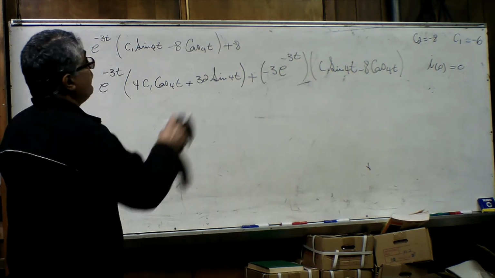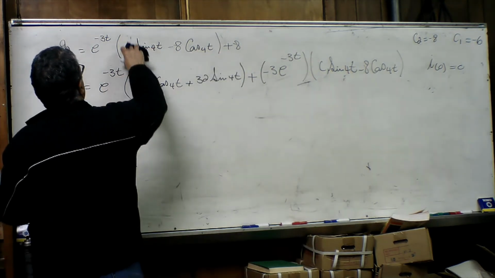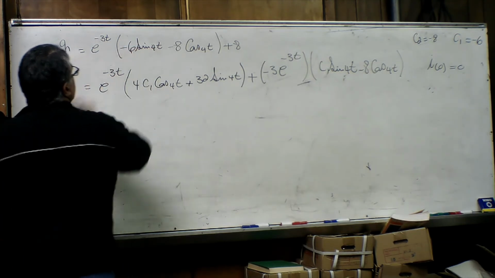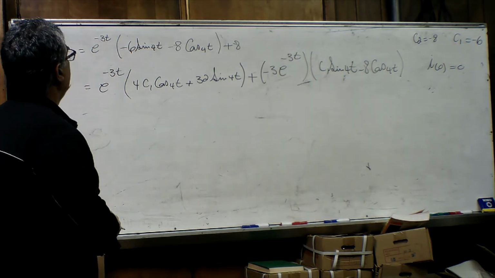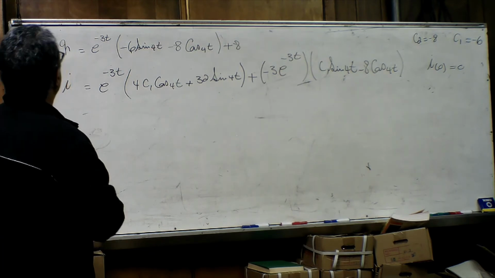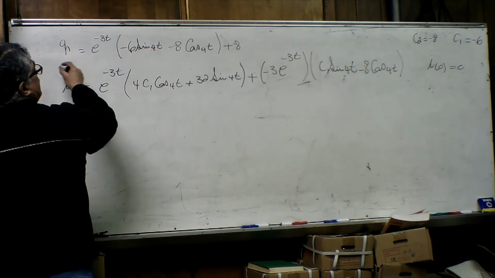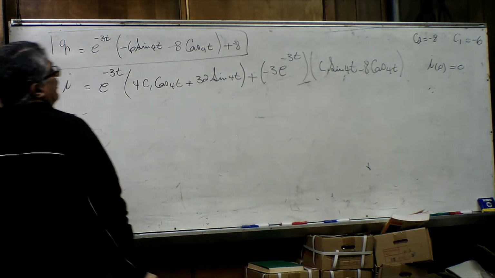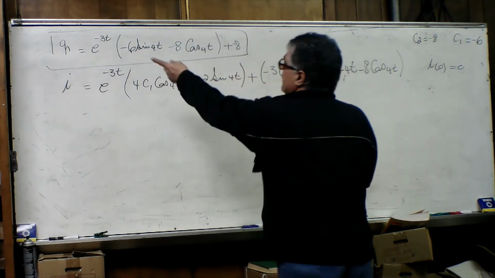So if our C1 is minus 6, this will be minus 6. So this is our answer for the charge, which of course we can simplify.